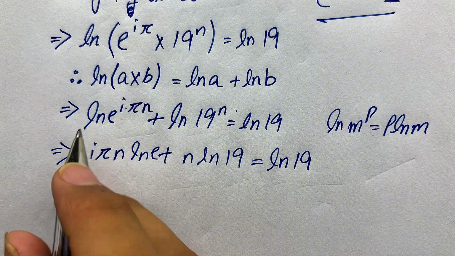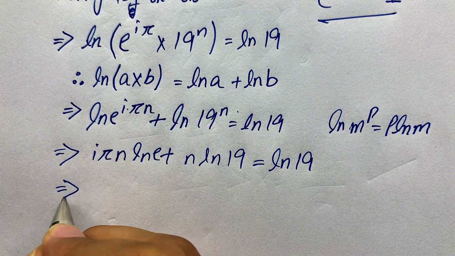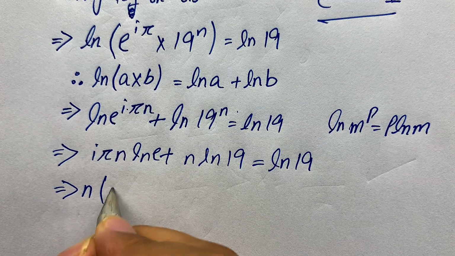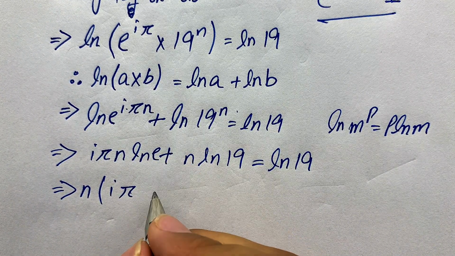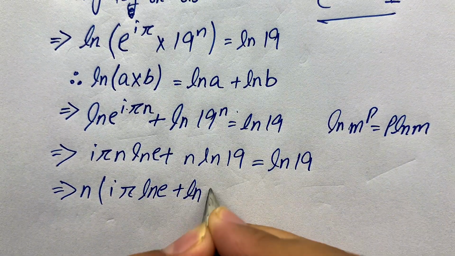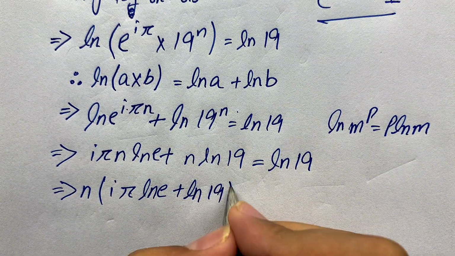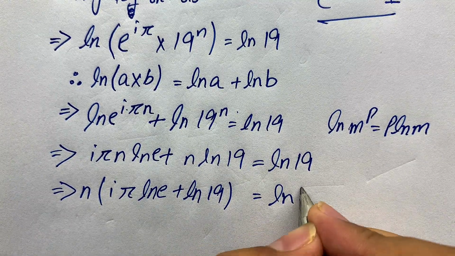So in the next step, we write n common: n(iπ ln e + ln 19) is equal to ln 19.